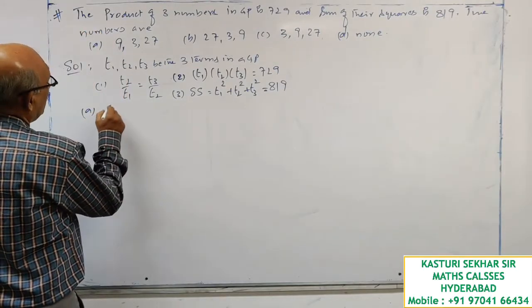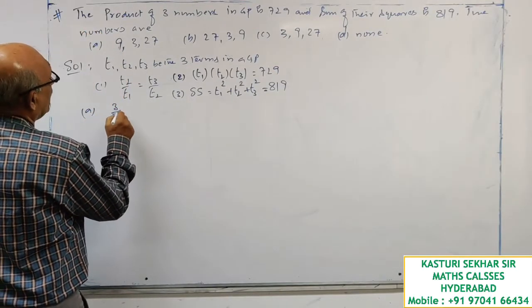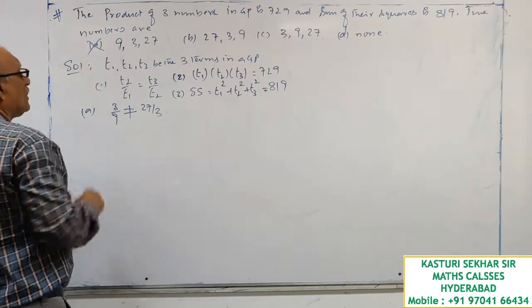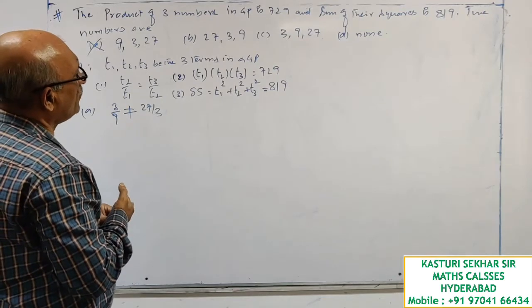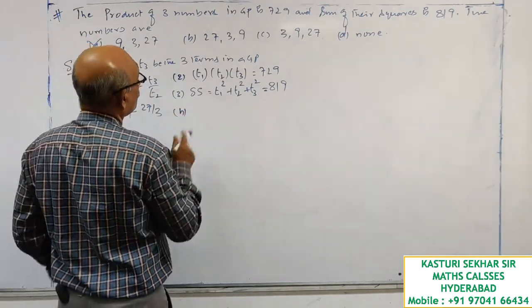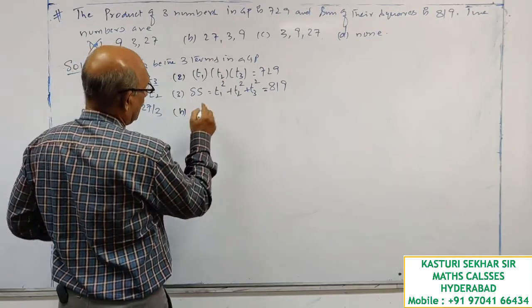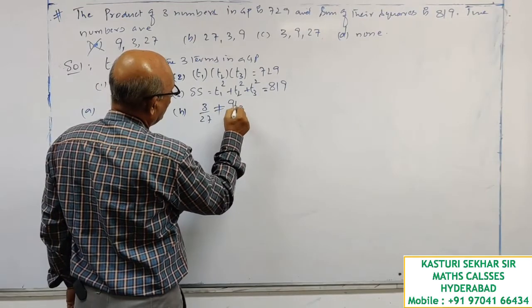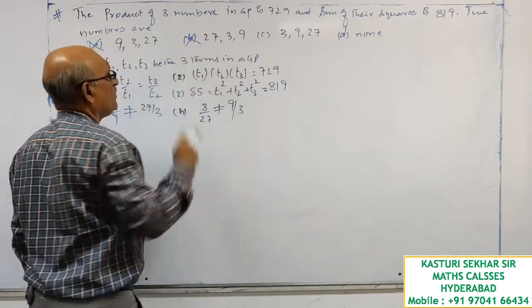Let us see option A. 3 by 9 is not equal to 27 by 3. Option A is the wrong answer. Option B. 3 by 27 is not equal to 9 by 3. Option B is not the answer.